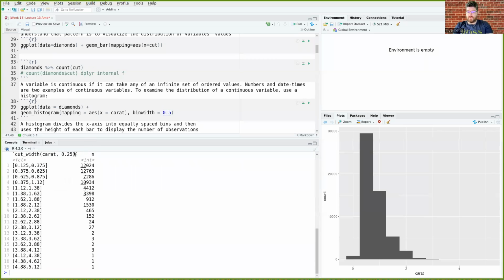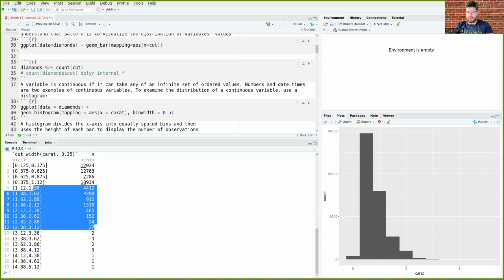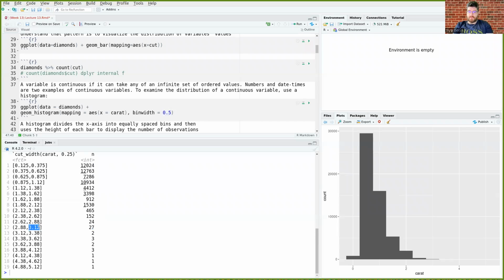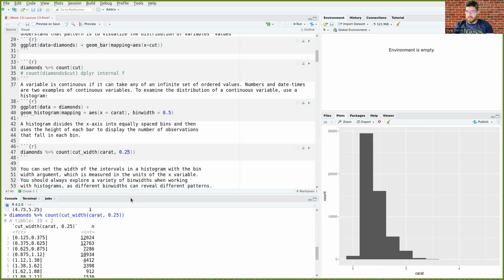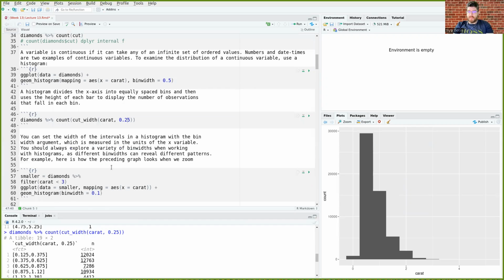You can see that we now have 19 groups, and especially here we can leave only these values to represent our diamonds. So the majority of diamonds have weight less than 3.12 carats.